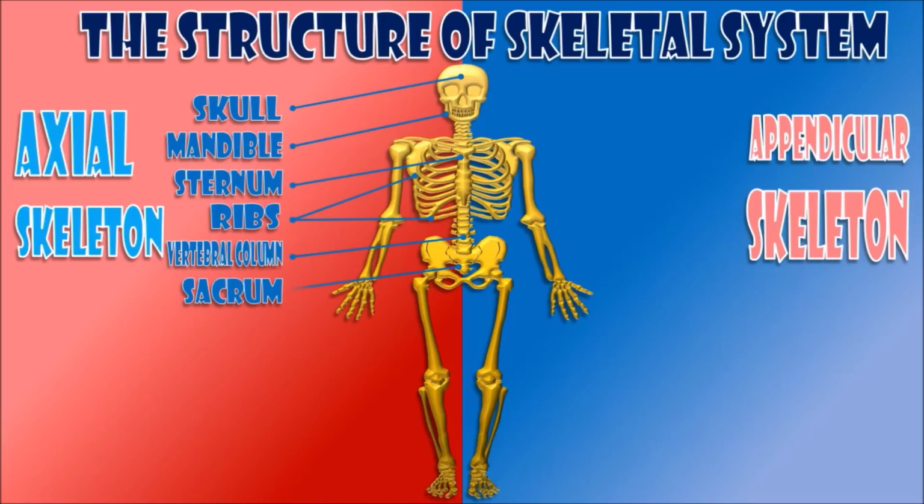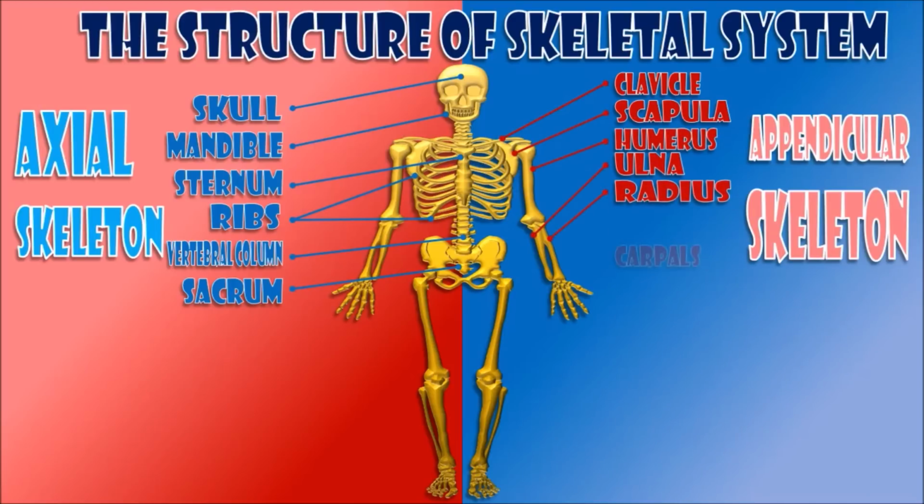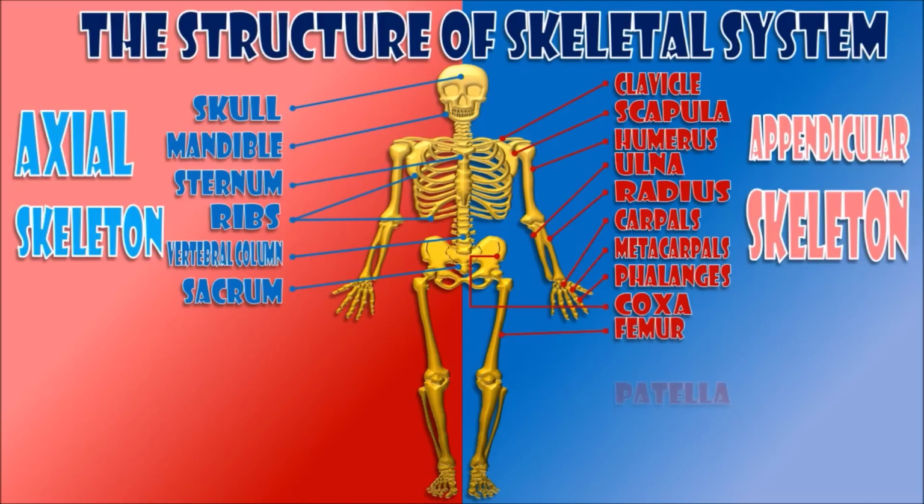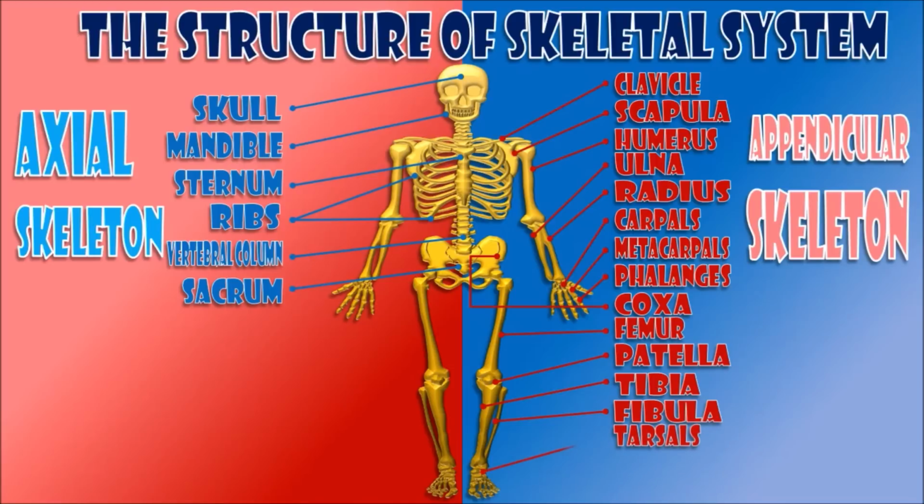For the appendicular skeleton, this is the clavicle, scapula, humerus, ulna, radius, carpals, metacarpals, phalanges, coxa, femur, patella, tibia, fibula, tarsals, metatarsals, and phalanges on the feet.